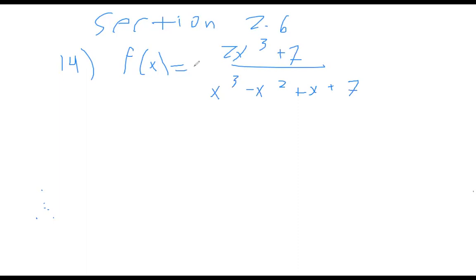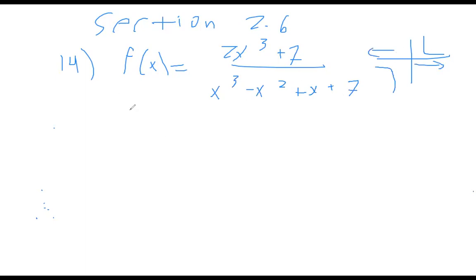Okay, so we have to find the limit of each rational function as x approaches infinity and as x approaches negative infinity, all right? So this is with horizontal asymptotes, right? Because whenever a function is approaching infinity, rational functions look like this, right? As it's approaching infinity, it's going to approach some number, right?